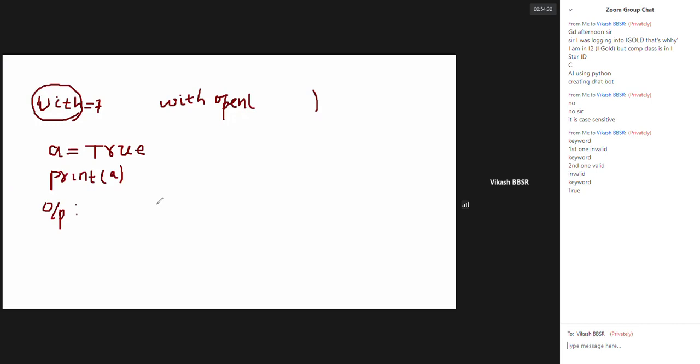Tell me, what will be the output? Okay, Yogesh. Okay, Kushi. Yes, Bhagirath, correct.